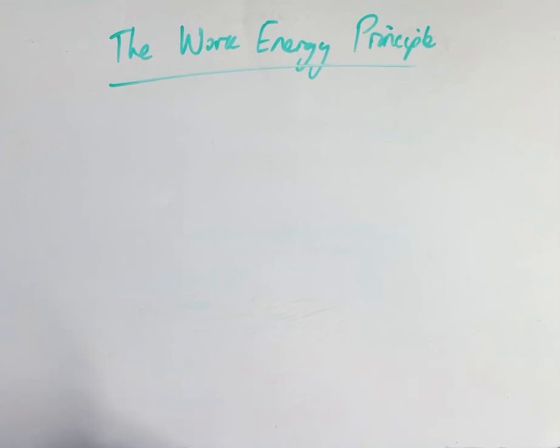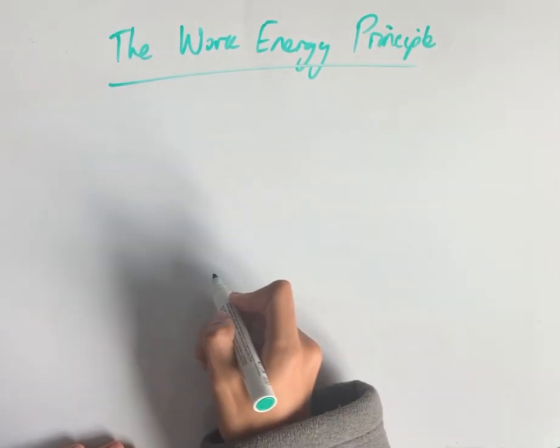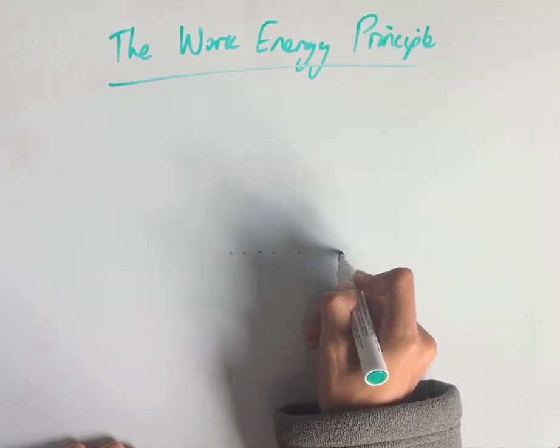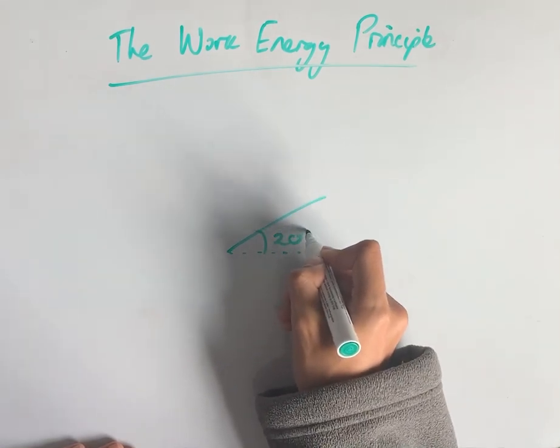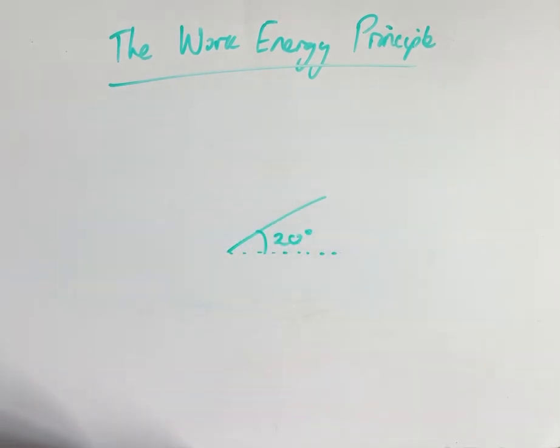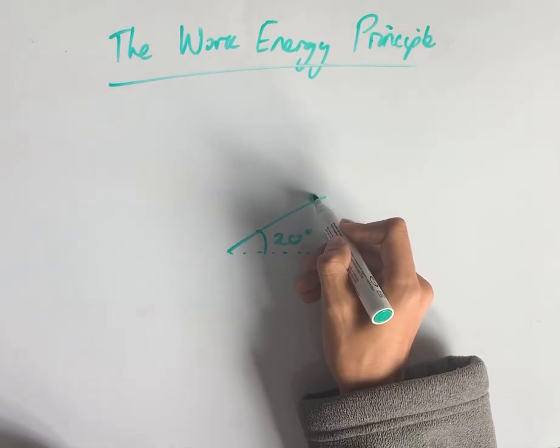Now, the first step to any mechanics problem is to draw a diagram. So we're going to do that. So it says we initially have a slope of 20 degrees to the horizontal. And you have a particle on it.